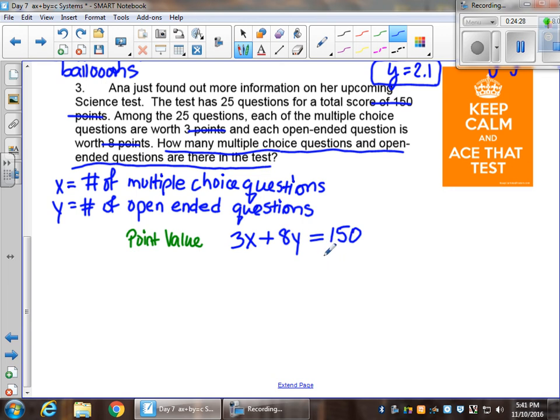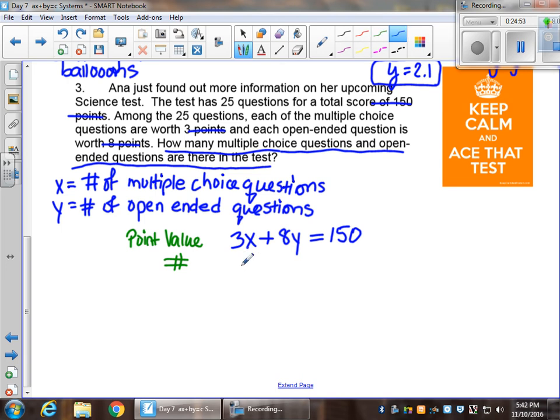What else do we know? We know that the test has 25 questions total. And then I look at my variables. X is the number of multiple choice and Y is the number of open-ended. Some combination of these two values will equal 25. So my second equation is going to be about number of questions on this test.